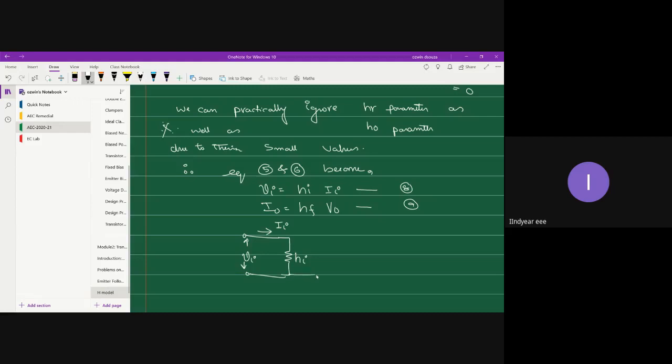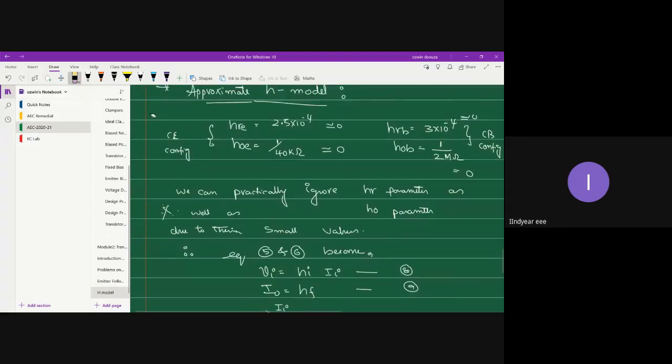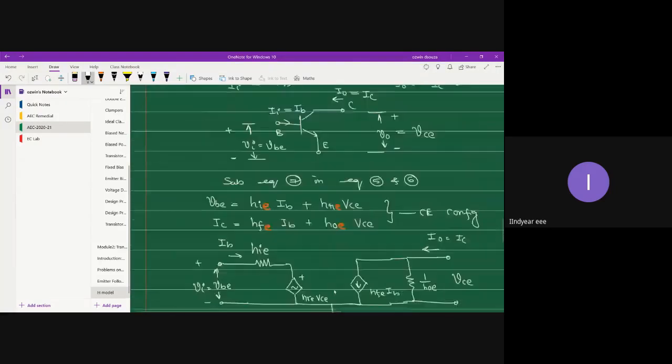On the other hand, on the output side, we have a simple dependent current source represented by HF into II.